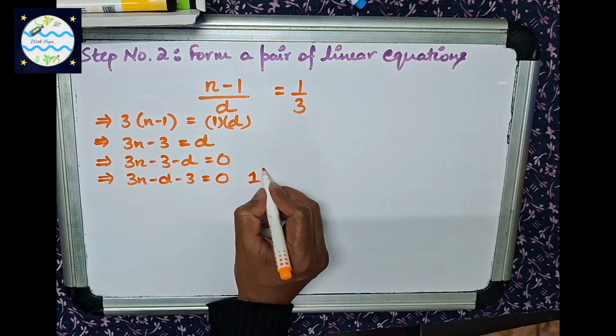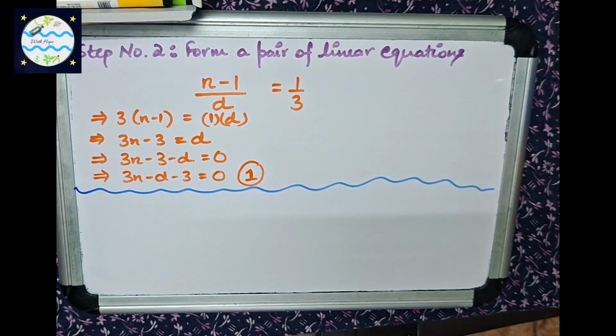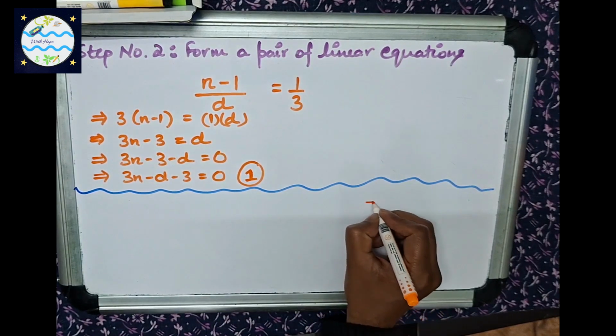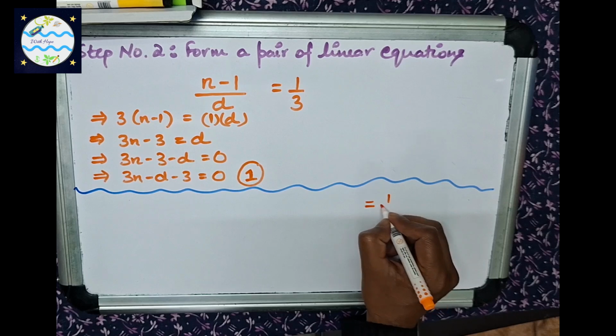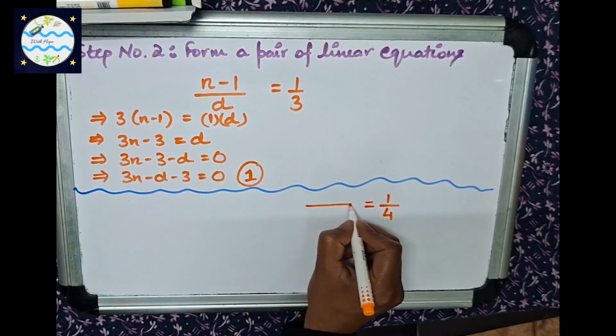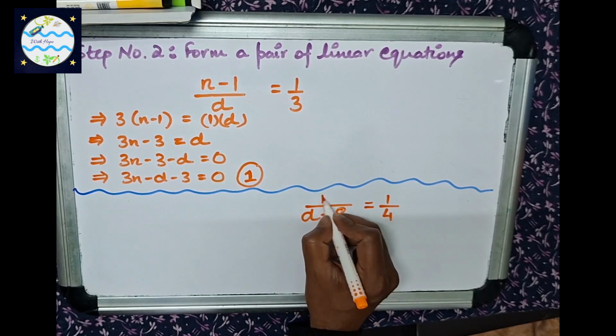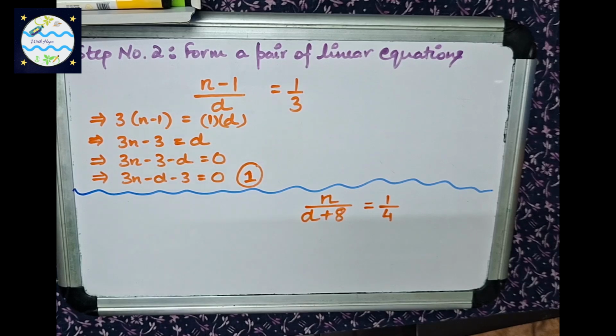Our first linear equation. For the second linear equation, let's use: I become 1 by 4 when 8 is added to my denominator. The fraction becomes 1 by 4 when 8 is added to the denominator and the numerator stays the same.